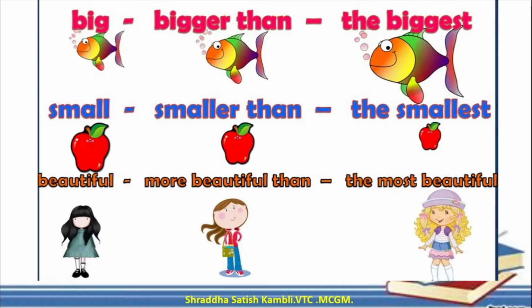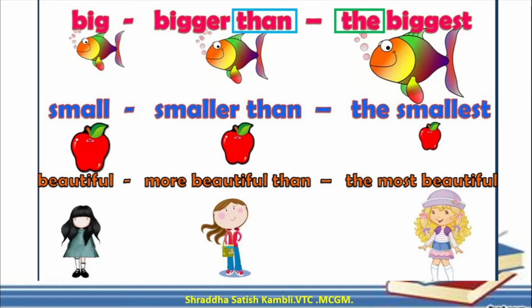So see here, some pretty fish, some tasty apples, and some pretty girls. So big, a big fish. Okay, bigger than. So the second fish is bigger than the first one, and the third one is the biggest.